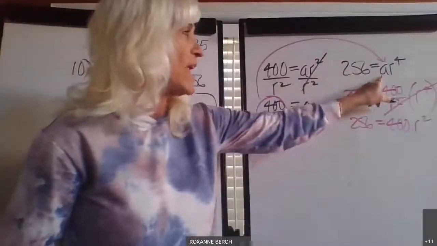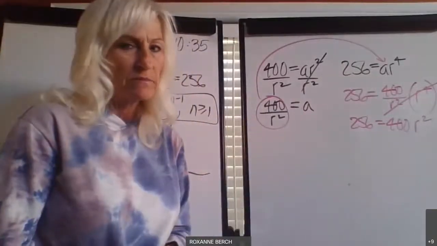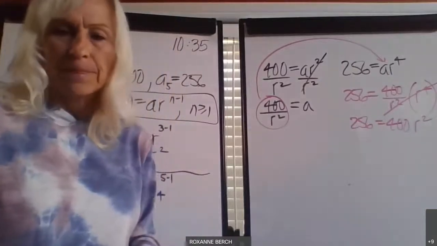I was looking at the problem. My first thought was, oh, it won't be that bad because it's R to the fourth power, and then it's just a square root. But I forgot about the plus and minus. So Eddie, let me just tell you, I would either solve for A here or solve for A there. Do not solve for R in the first step. Okay. Thank you. Yeah.